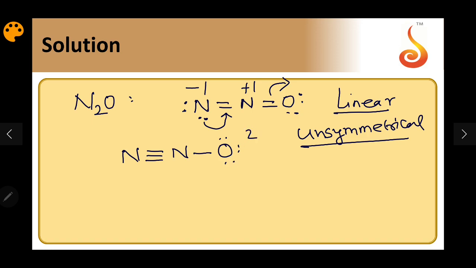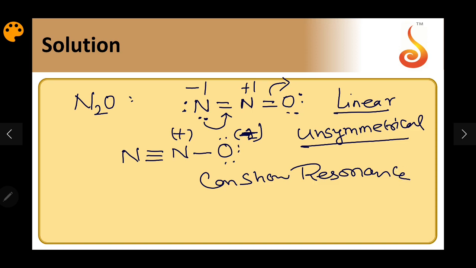That is minus. This will be plus. So this is one more structure for the compound. It can show resonance. So we will see the options, what it says. This is the structure of N2O.